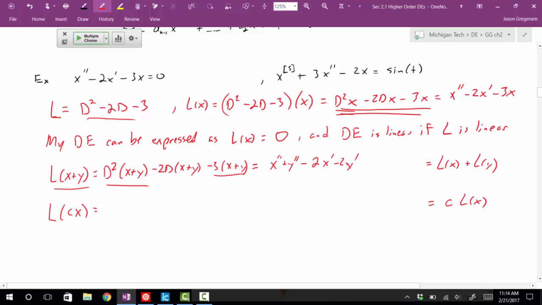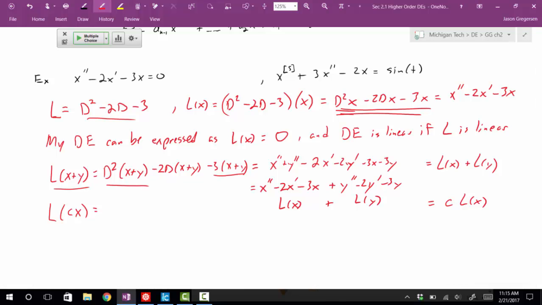And then the 3: multiplication distributes over addition, so I can rewrite that, oops, this is a y, as minus 3x minus 3y. And then lastly, I would just rewrite this, grouping the x terms and grouping the y terms. And this, I can see, is L of x, and this is L of y. Okay.